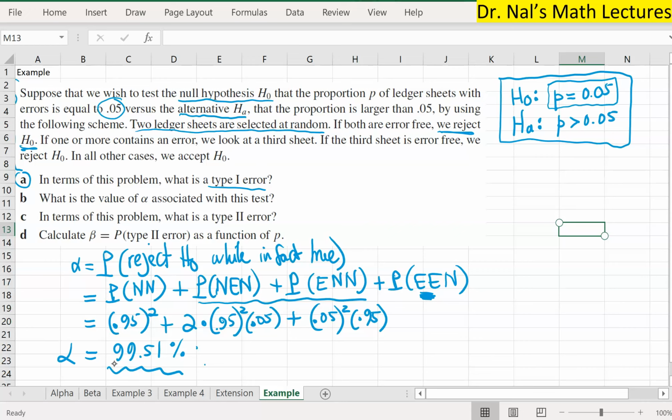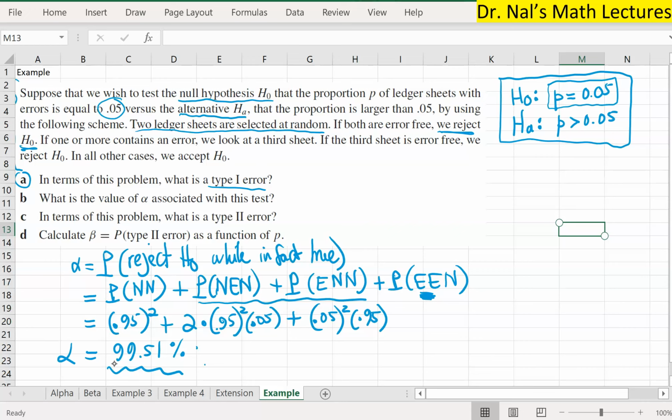So in that case, you commit a type 2 error. And finally, how do you measure the beta, the type 2 error in this case, in terms of a function of p, where we can call it P alternative, or P true if you want.